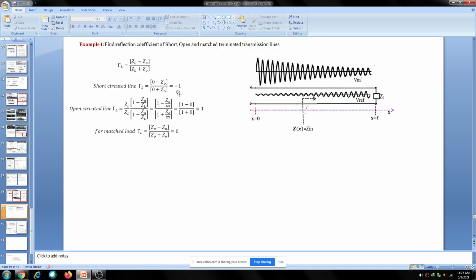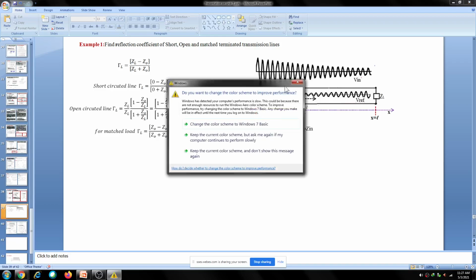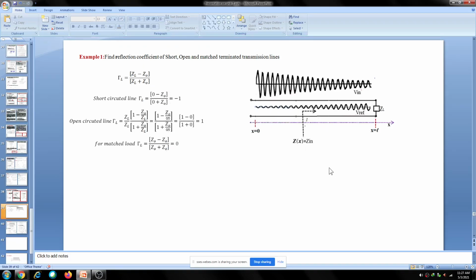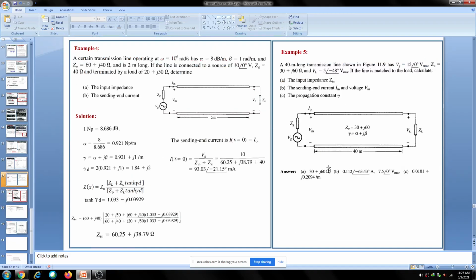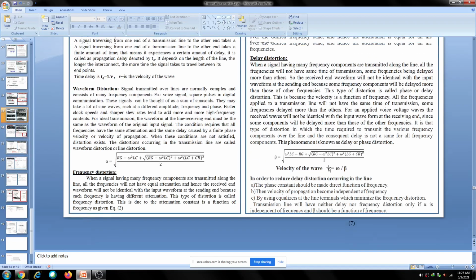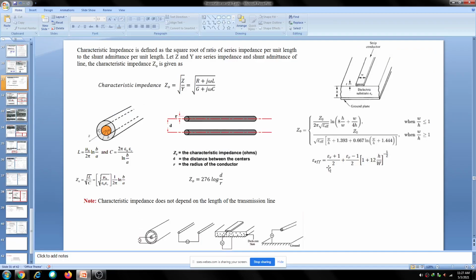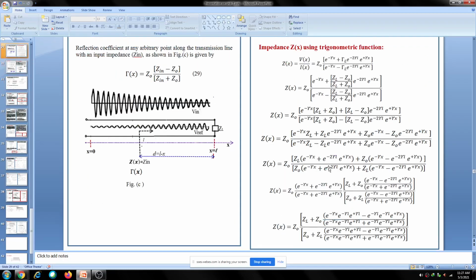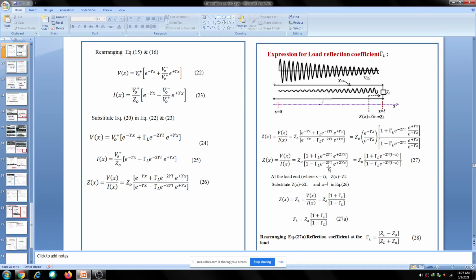What is the meaning of this? The amplitude of the reflected wave equals 1. But what is the phase of the reflected wave?